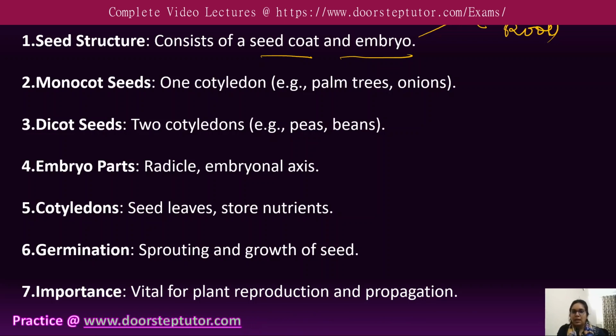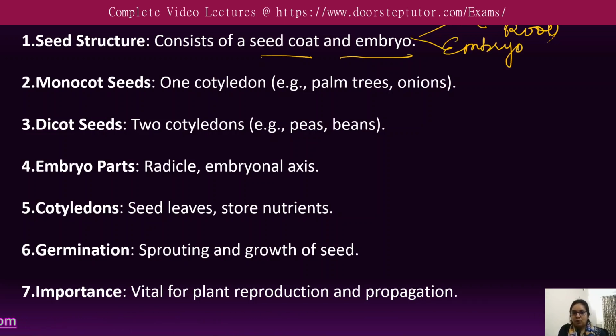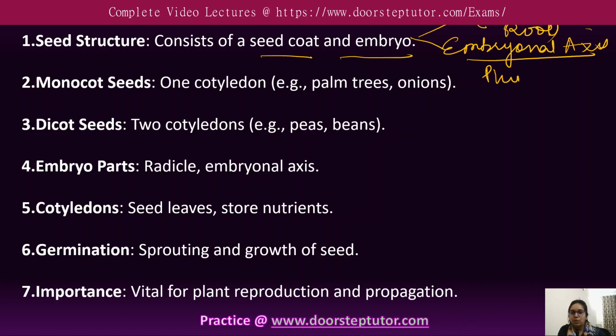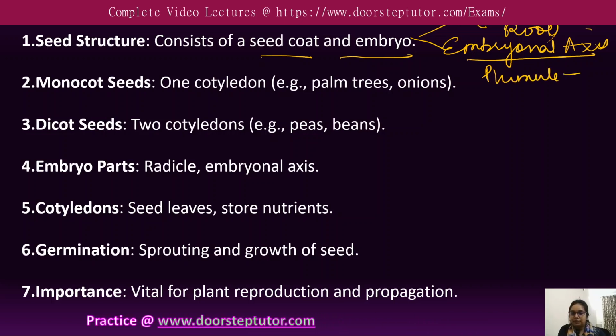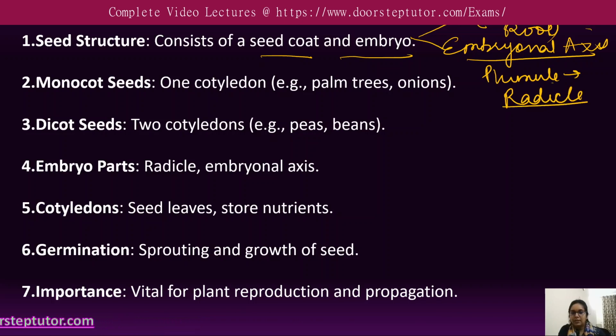And the second part of the embryo is the embryonal axis. The embryonal axis is also known as the embryonic shoot, and this is the main axis of the embryo that runs from the plumule to the radicle. The radicle converts into the root while the plumule converts into the shoot.